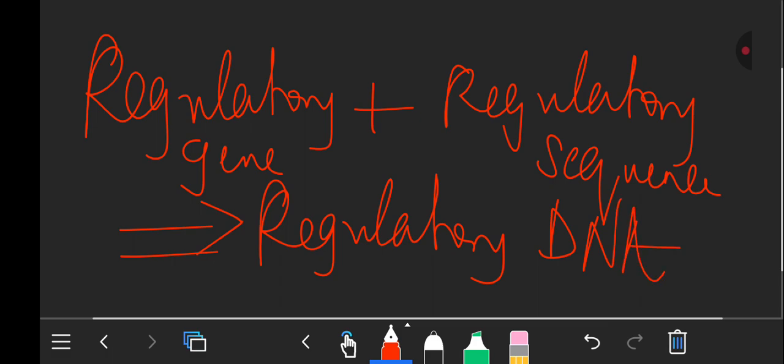Okay, and we've said that this regulatory sequence is just a few bases behind the protein coding gene. So we need to appreciate that concept. It's very much important. Now let's look at the RNA polymerase.